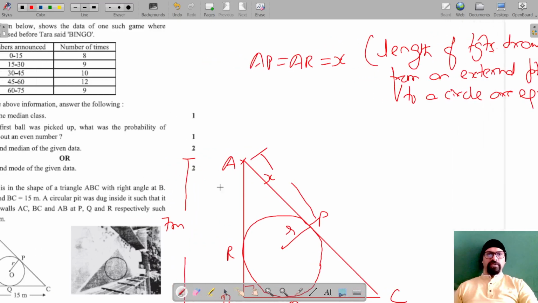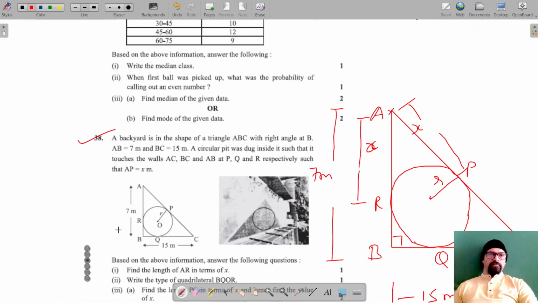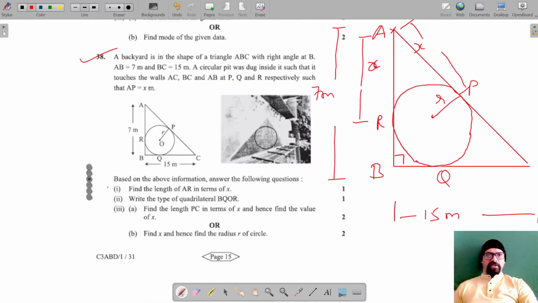So that means AR is also X. We have got the length of AR in terms of X.